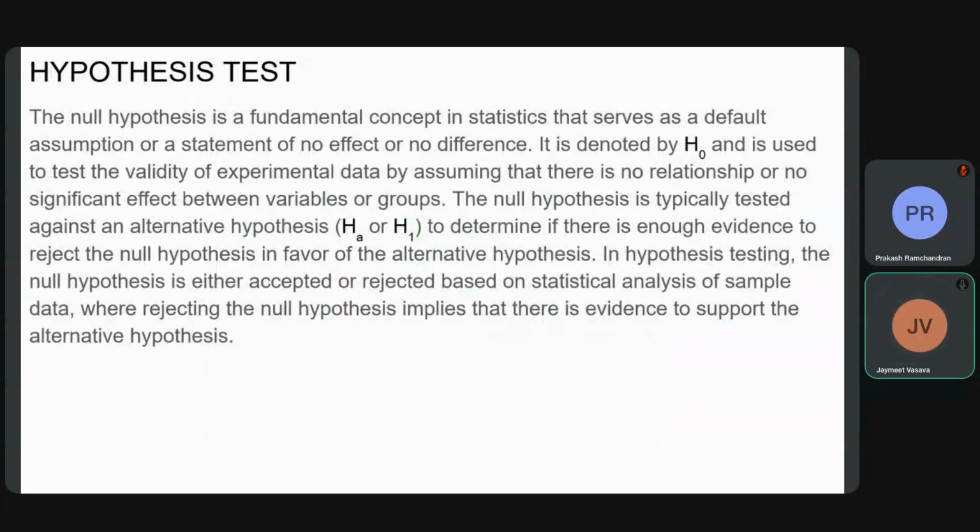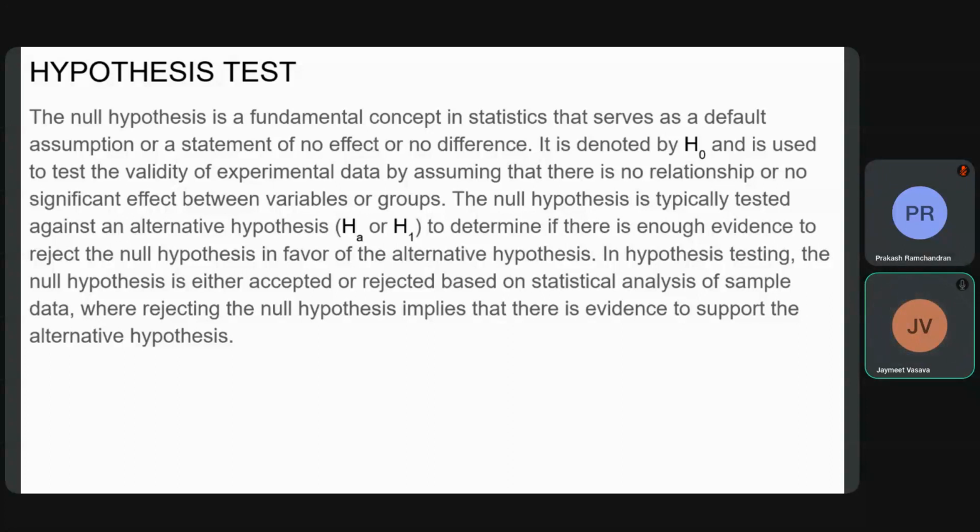Now, as we have familiarized ourselves with the central limit theorem, let's start with hypothesis testing. If I try to introduce hypothesis testing with a normal day-to-day analogy, let's say that we have a belief.